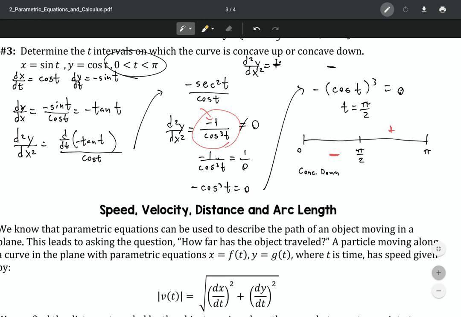It's concave down between 0 and pi over 2. And it's concave up between pi over 2 and pi. Like that. Okay, so that's that for that.